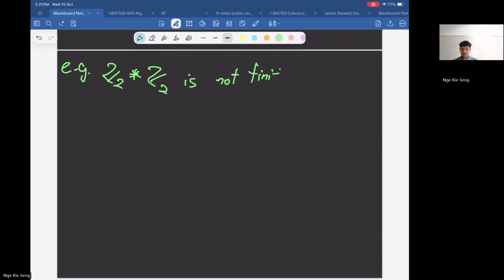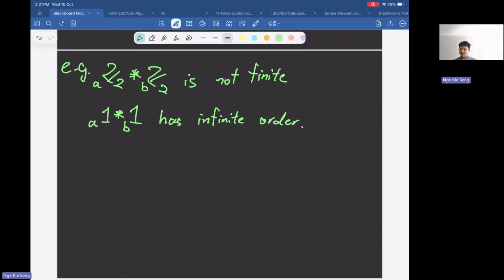Because I put an A, B here. So let's say this is A, this is B. So 1A followed by 1B has infinite order. Remember the structure of this free product: you are free to concatenate any word as long as it's not the identity element.